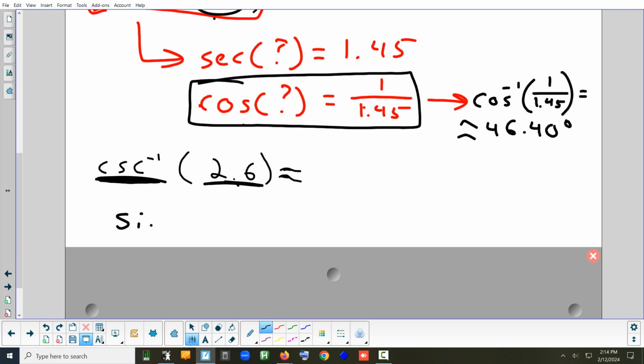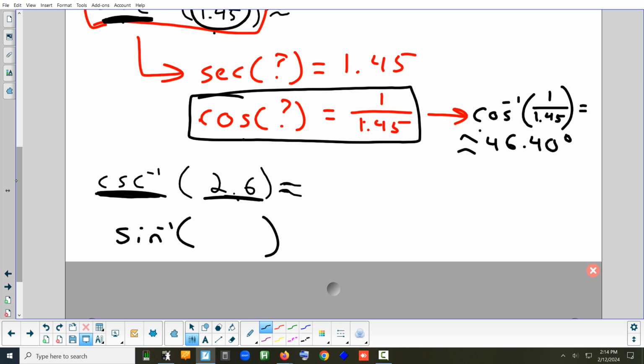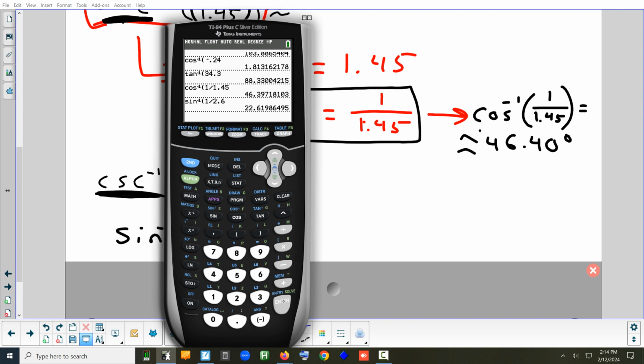So we're going to change the function name, just like we did here. And what are we going to do with the 2.6? Put a 1 over it. Flip it. That's how you have to do inverse cosecant. Okay. So inverse sine, 1 over 2.6. We get 22.62.